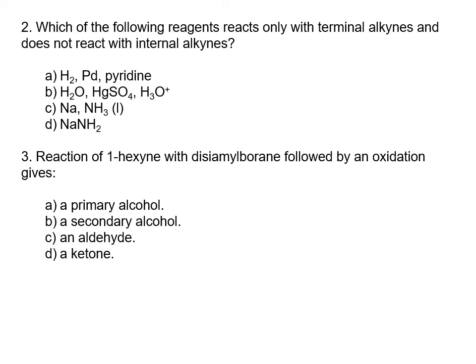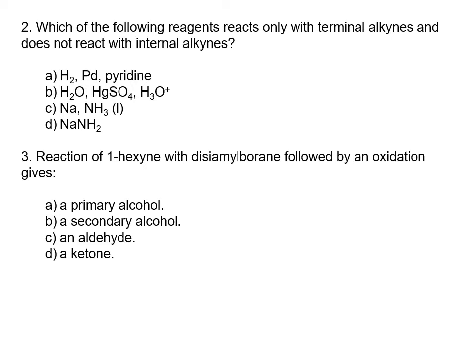So if we consider 4 possible answers, answer A, hydrogen with palladium in the presence of pyridine, that's catalytic hydrogenation with Lindlar catalyst, and both internal and terminal alkynes could undergo catalytic hydrogenation. So A is obviously not correct answer. B is oxymercuration-demercuration reaction, and again both terminal and internal alkynes react under oxymercuration-demercuration conditions.